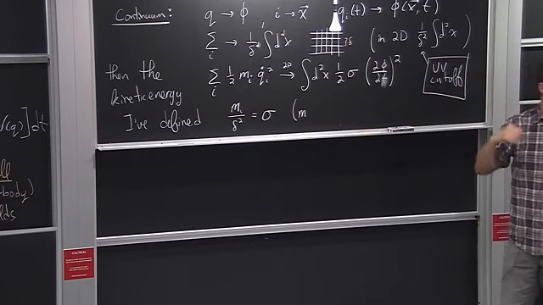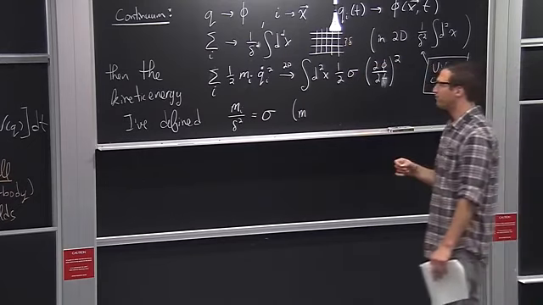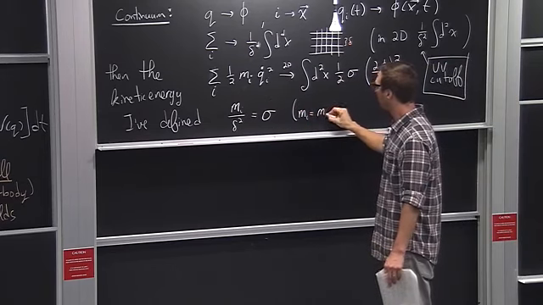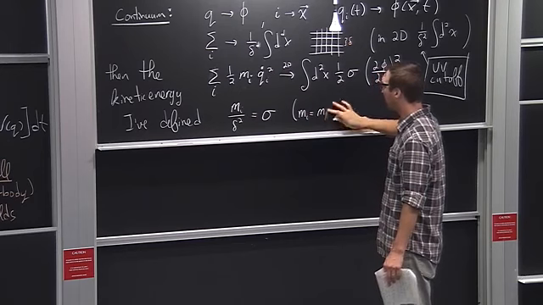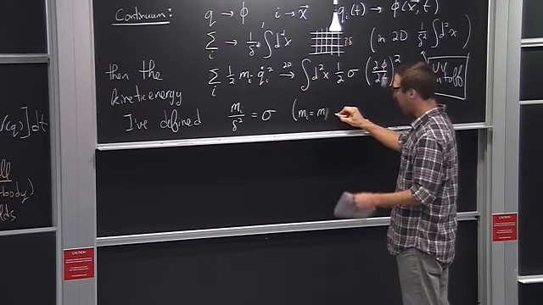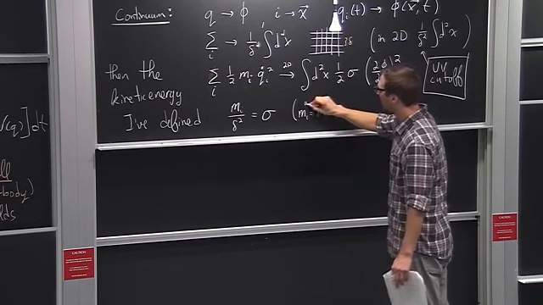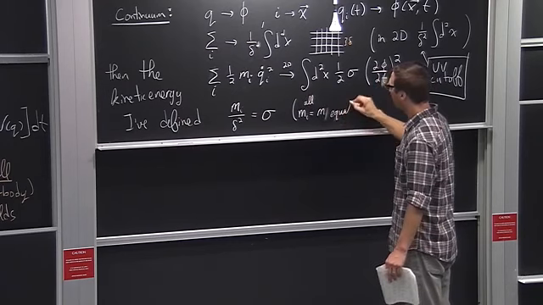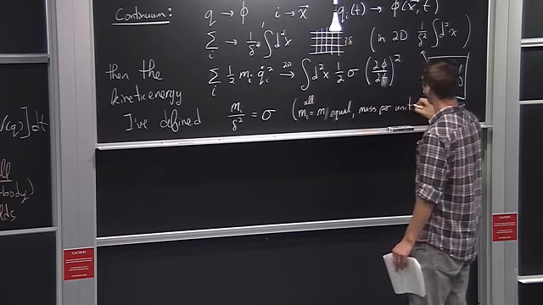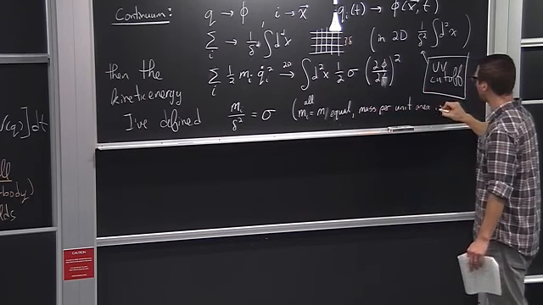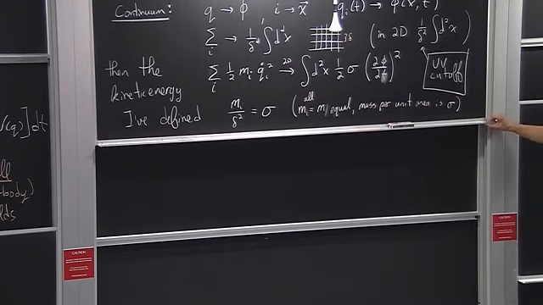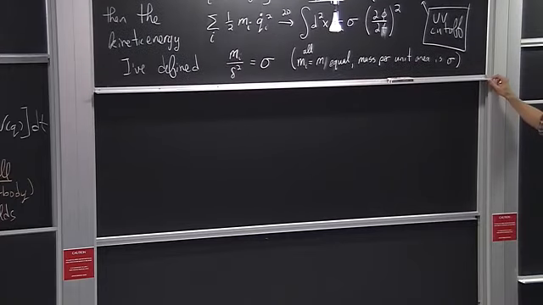Okay, so I'm starting to make this a little less general by saying that all m_i's are equal to some mass, and this is just a mass per unit area. Part of that delta is keeping your units correct too.